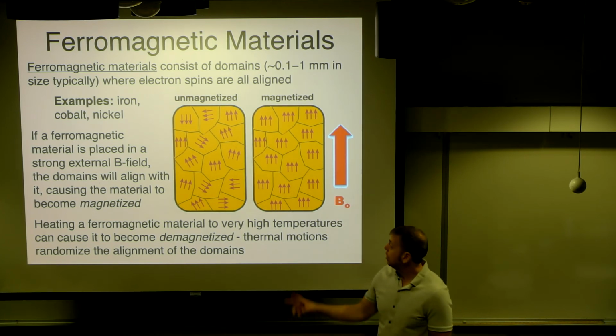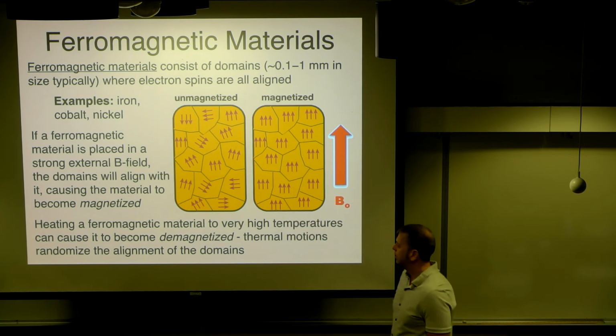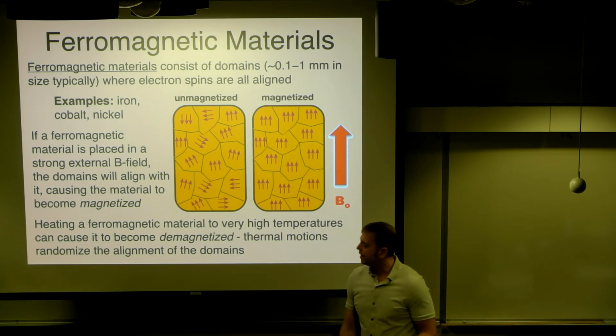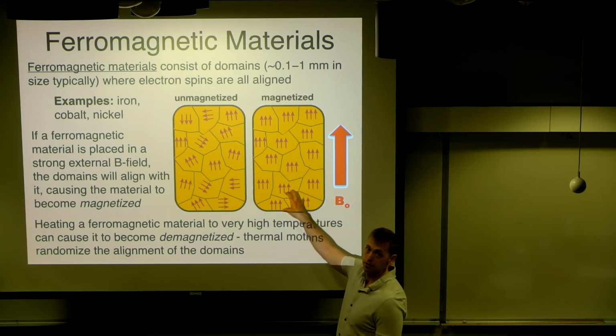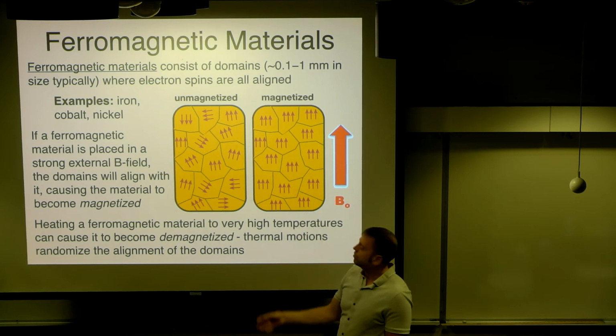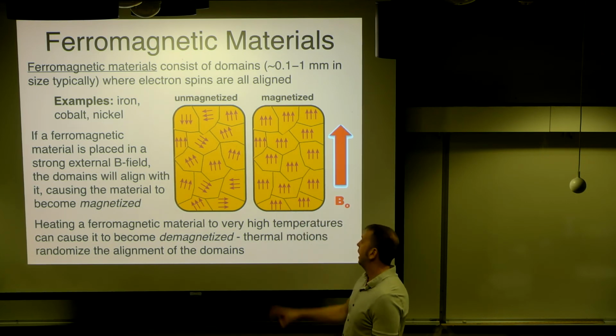Now, we can undo this whole process. We can take something that's magnetized and unmagnetize it. One way we can do that is just by heating it up. Basically, if we heat this thing up in the magnetized picture, we're going to introduce a lot of thermal motion. In other words, these domains are going to jiggle, and if they're jiggling fast enough, it can knock any of these domains out of alignment.